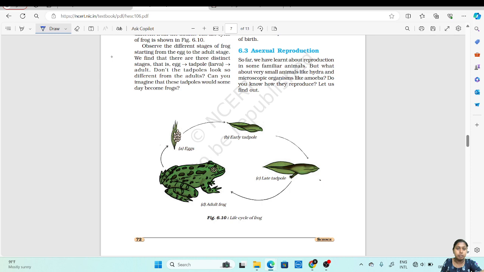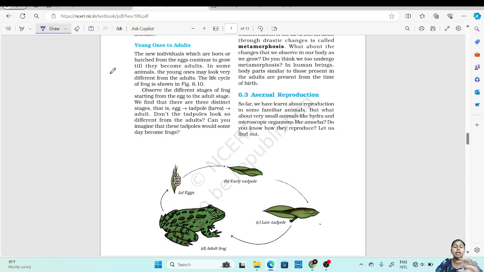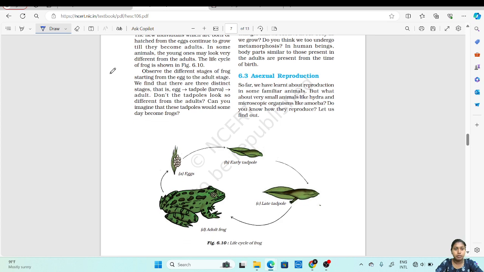So they're completely different. We look exactly like our parents, but that isn't the case for all. Some look very different from the adults. For example, the frog, which is shown here. Do these young ones look like adults? No, they look totally different.